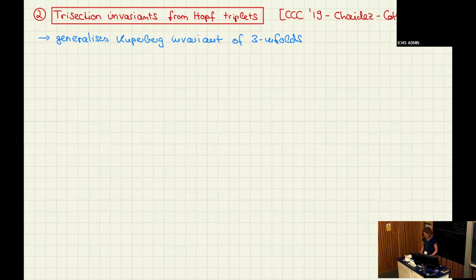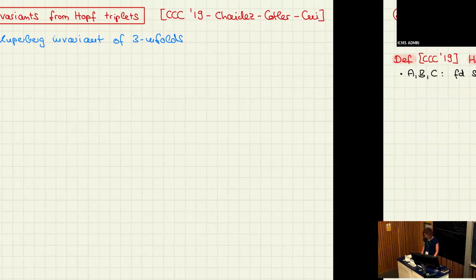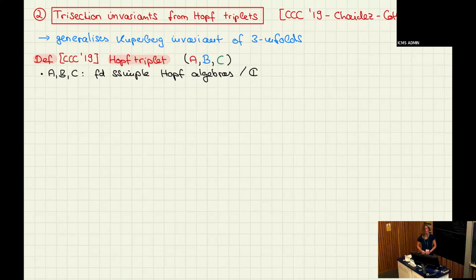And they had the idea that one could try to do something similar for the trisection diagrams, and they did it in fact. So the question is then, what is the algebraic data? And the algebraic data they put is what they call a Hopf triplet. Here I present it in the simplest possible version, so I don't want to worry about anything.